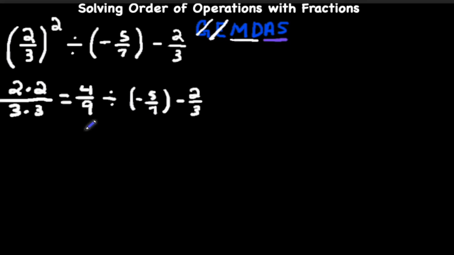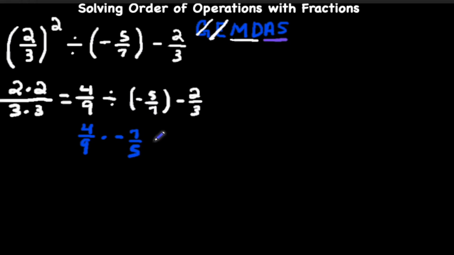Remember, we're going to keep the first fraction when you're dividing fractions, and you're going to change the division into multiplication. And then you're going to take the reciprocal of the second fraction, which -5/7 will become -7/5.